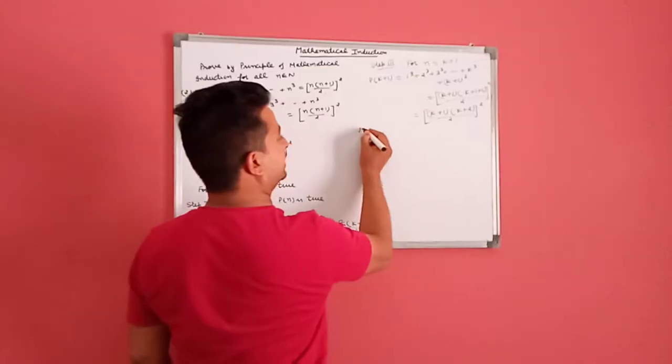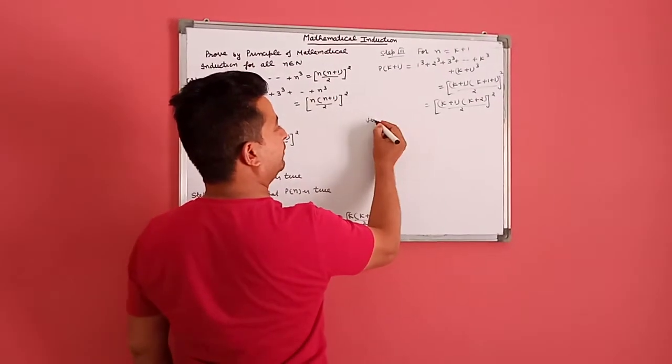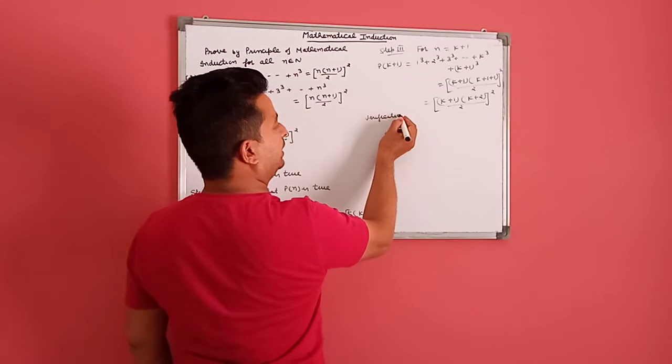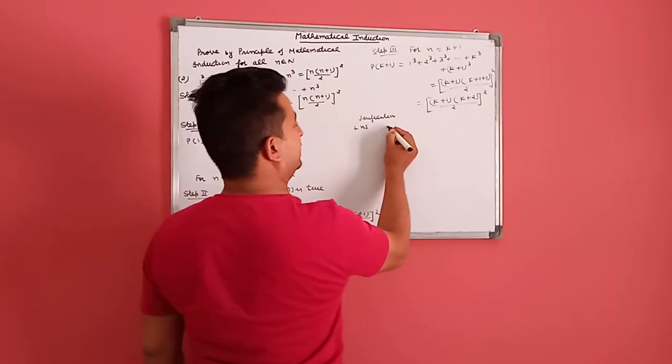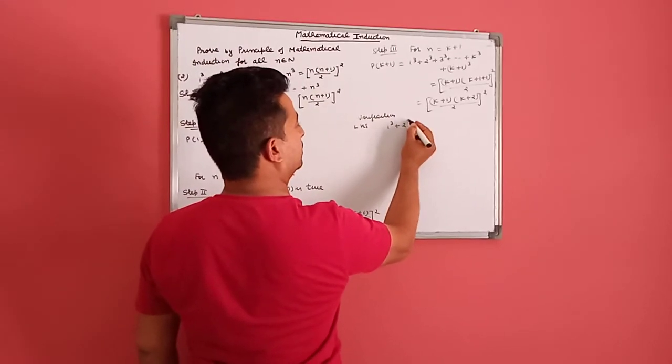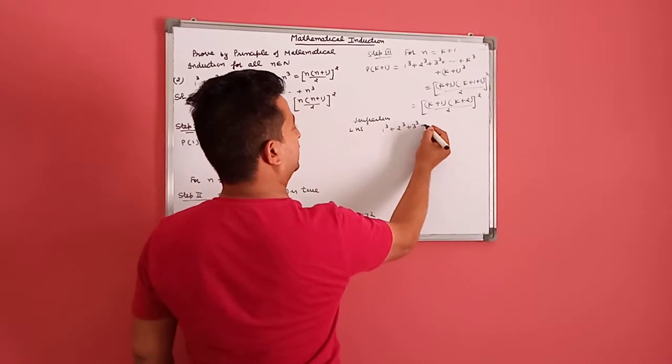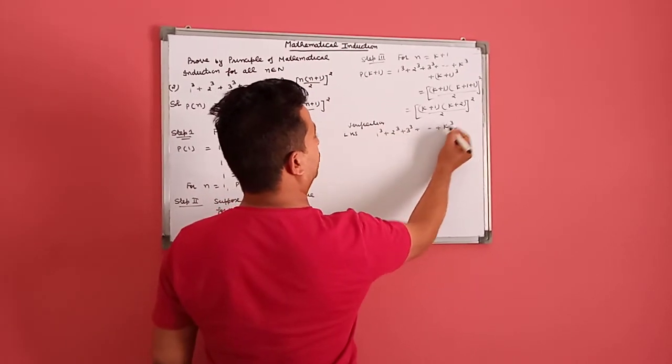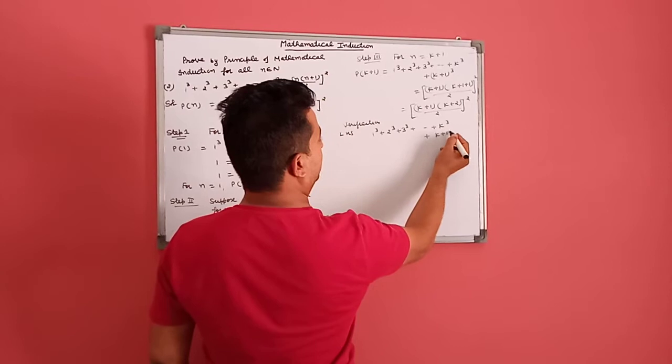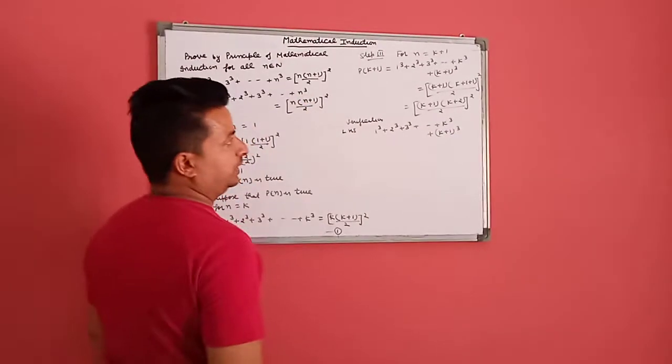We verify this. For verification, we take the left hand side, that is 1 cube, 2 cube, 3 cube, plus k cube, plus k plus 1 whole cube.